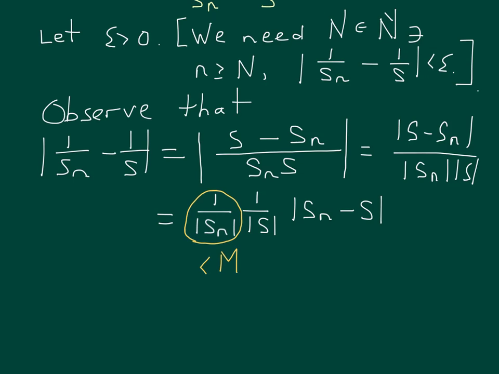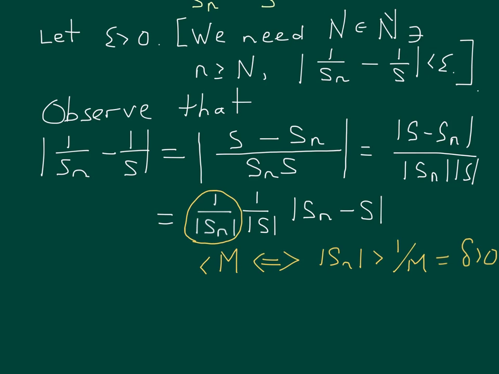Well, notice that this entire quotient, 1 over the absolute value of S sub n, would be less than capital M if and only if, when we take reciprocals, the absolute value of S sub n is bigger than 1 over capital M. So in fact, if we can bound this absolute value of S sub n below by some number, which doesn't have to look like 1 over capital M of course, you can write it as maybe delta, for some delta bigger than 0, then if we can make the absolute value of S sub n always bigger than some delta, then 1 over the absolute value of S sub n should be less than 1 over delta.